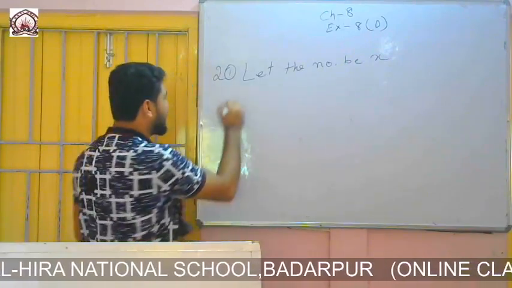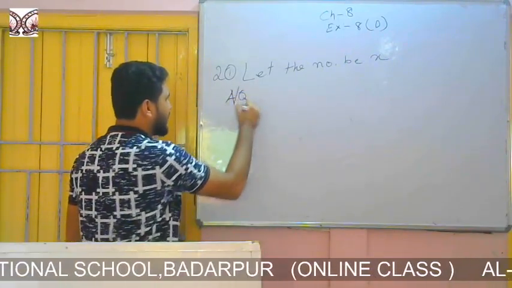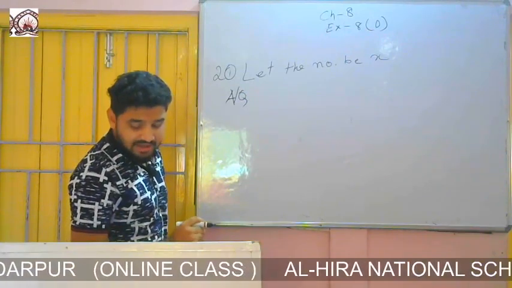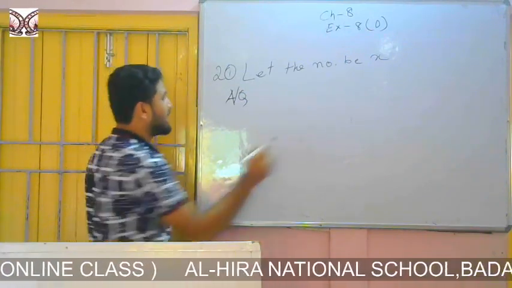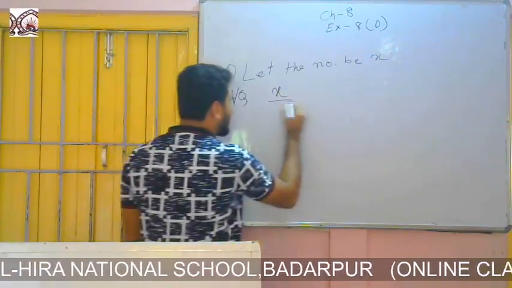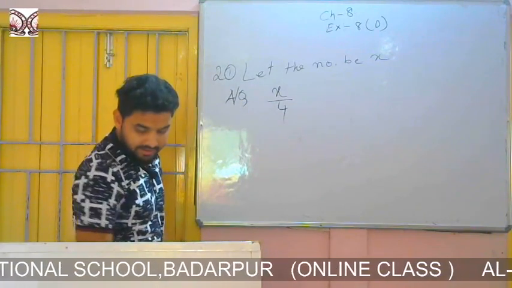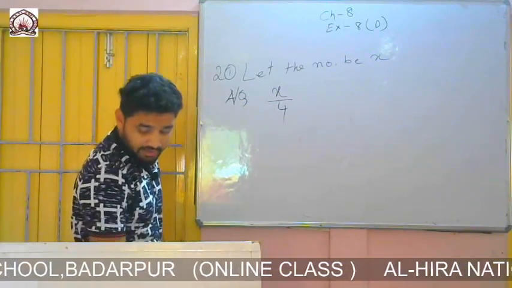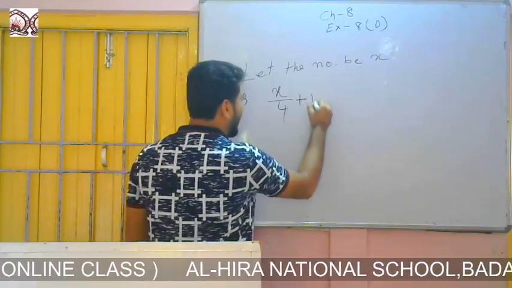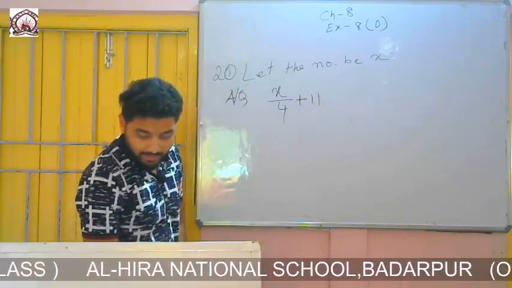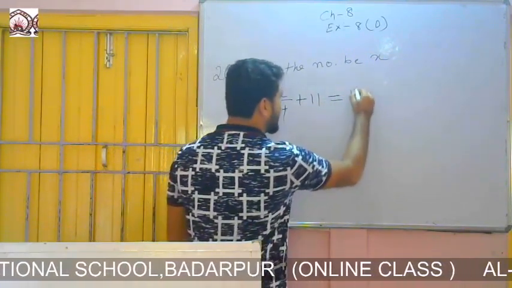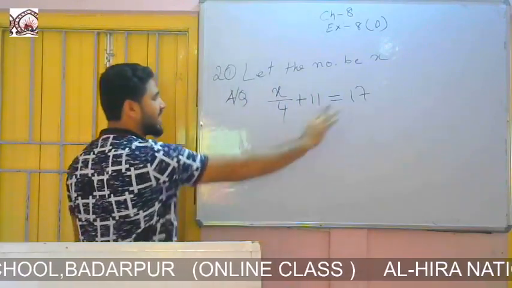Then according to the question, I think of a number x and divide it by 4, and add 11. The result is 17, that means equals 17. So that is the equation.